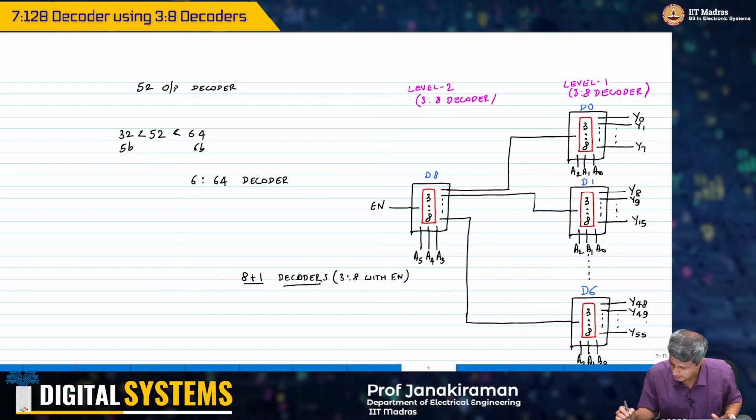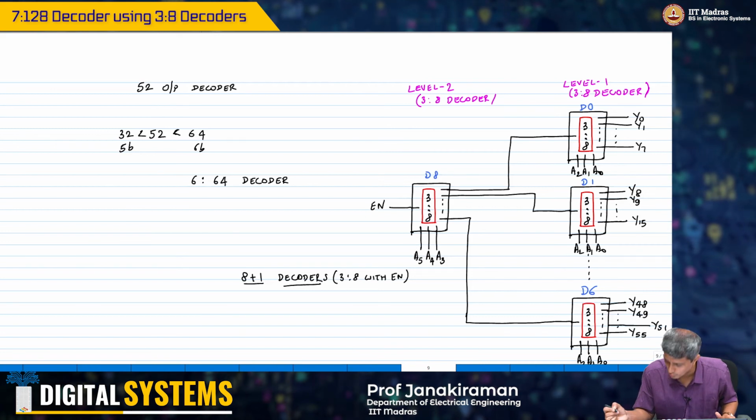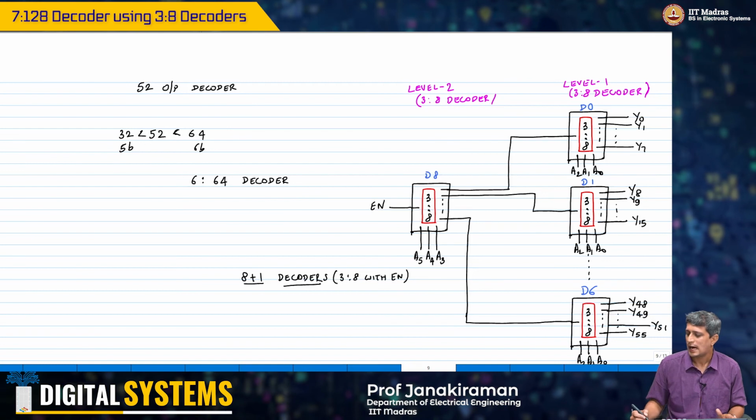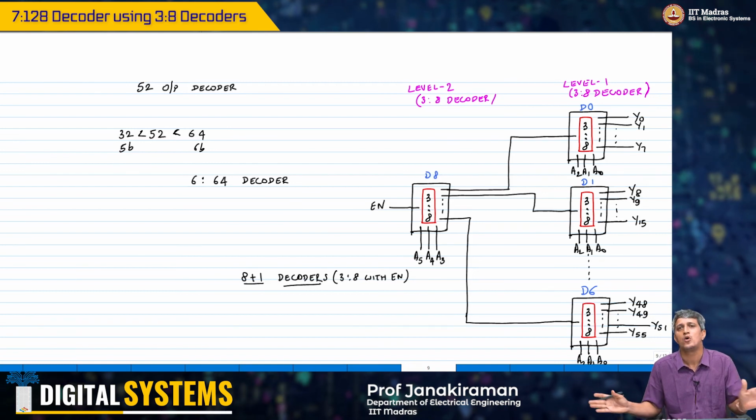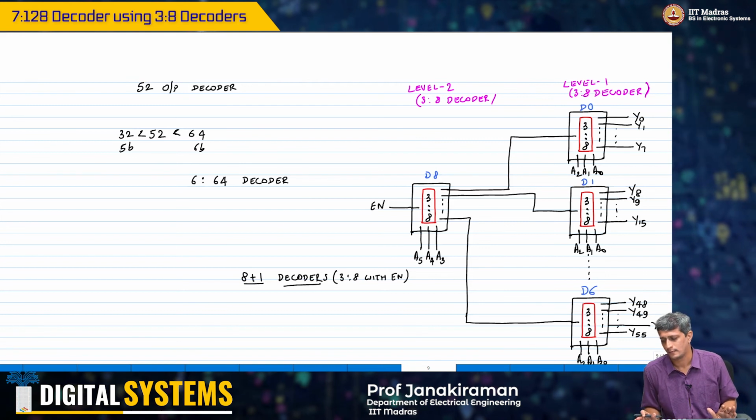Then you will go all the way till you get your Y51, and I am going to simply ignore the other outputs of this decoder D6.